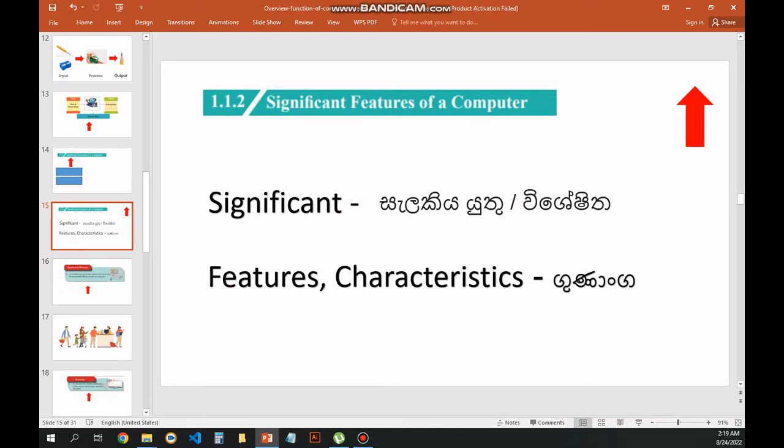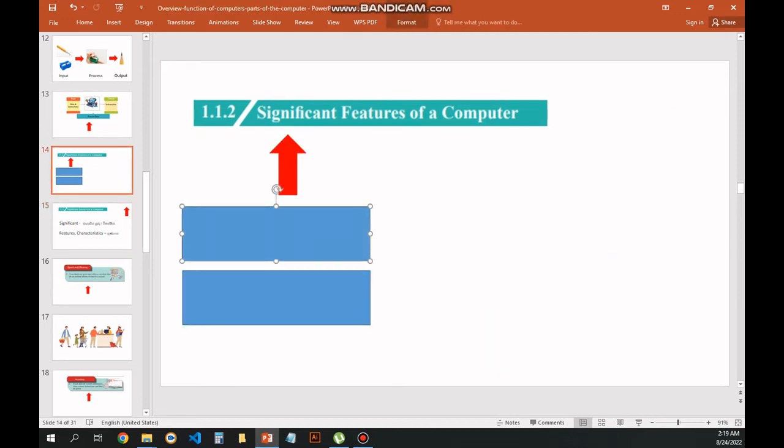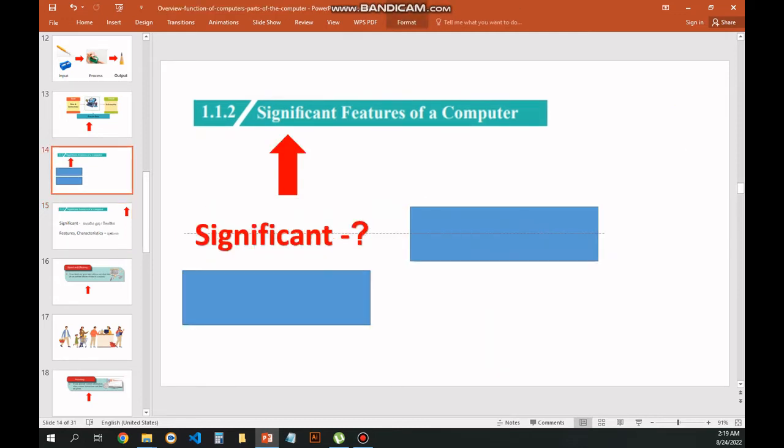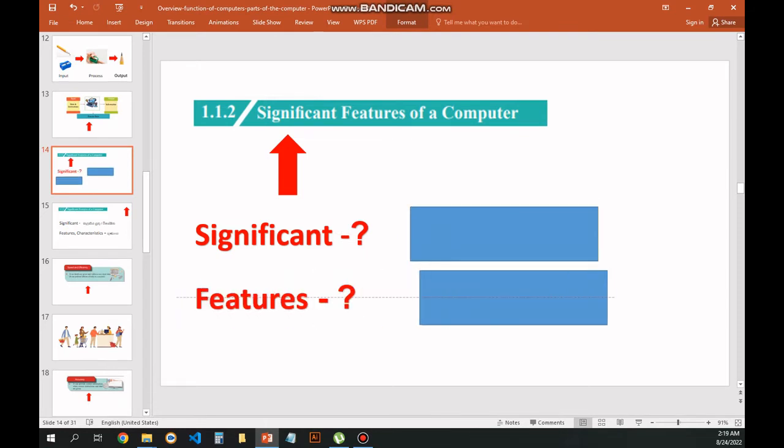Sometimes in English there's another word called characteristics. For the question paper, they can ask, please mention a few characteristics of a computer. Characteristics again means the features. I hope it's clear for you all now.